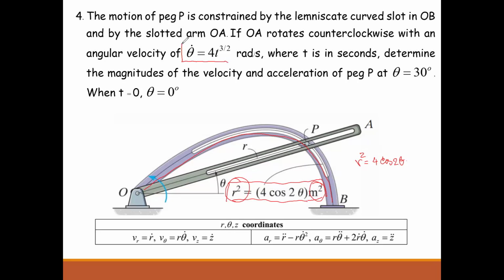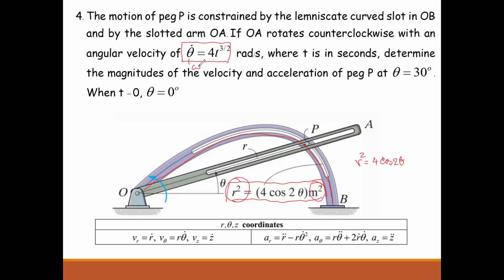the problem gives us that the angular velocity is a function of time, theta dot. Actually, this is omega. It is a function of time, equal to 4t to the power 3 over 2.